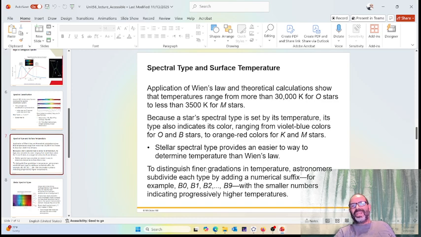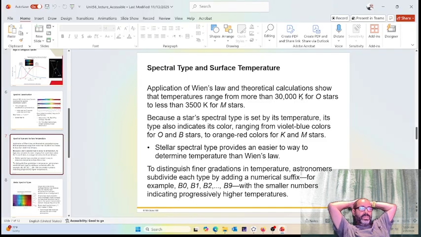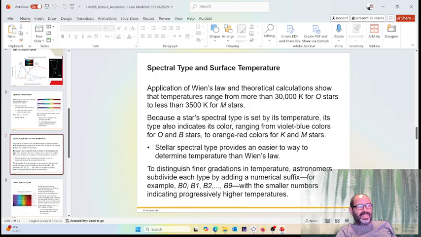So to further refine these measurements, for example, O is higher than 30,000 Kelvin. It's actually the B, the one that goes next, that extends from about 10,000 to 30,000 Kelvin. In order to divide that into smaller, finer divisions, we use numbers from 0 to 9, 0 being the hottest, 9 being the coolest, closer to the next lower level.